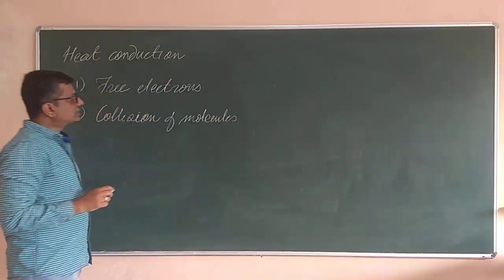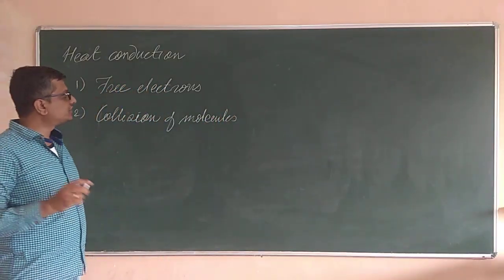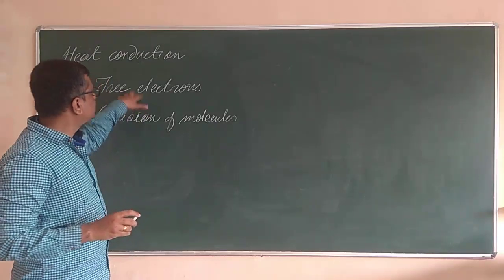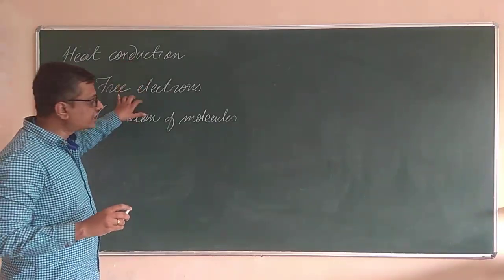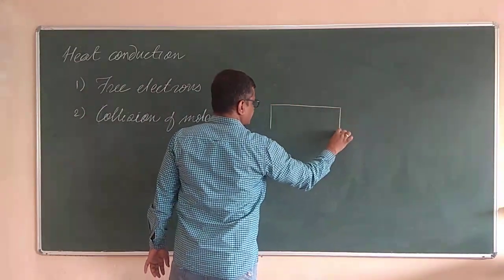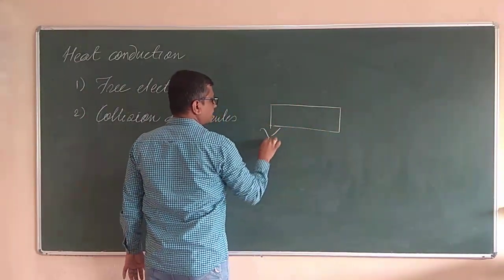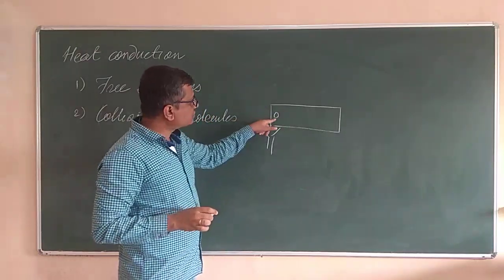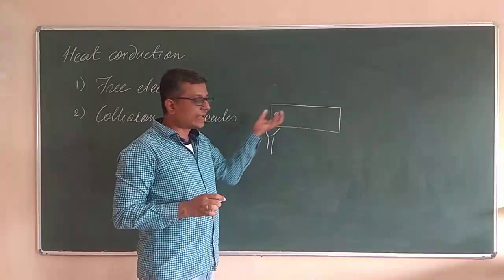Now this we have already seen in the first lecture of heat transfer. What is this free electron? Heat conduction takes place due to the free electron, meaning what? If I take a metallic rod like this, and if I heat this metallic rod at one end, the atoms, or say the molecules of that material, absorb the heat.